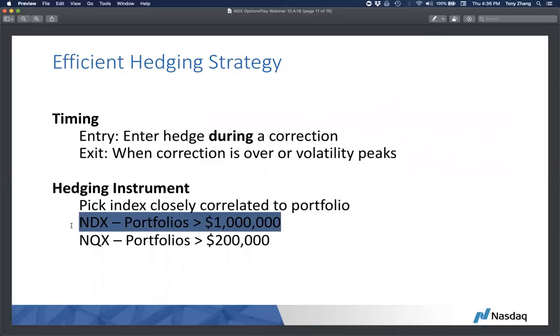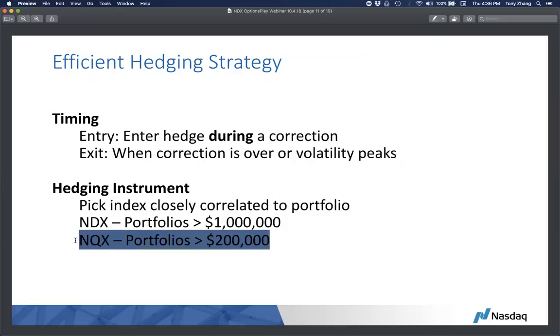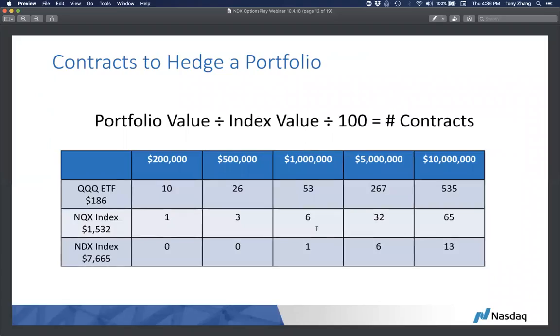For those of you that have portfolios smaller than that, you might want to consider the NQX, which is around a $150,000 notional contract. This is really useful for portfolios greater than roughly $150,000 to $200,000. So making sure that you pick not only the right index, but also the right instrument on the underlying index is important. And I think we'll highlight that in the next slide.